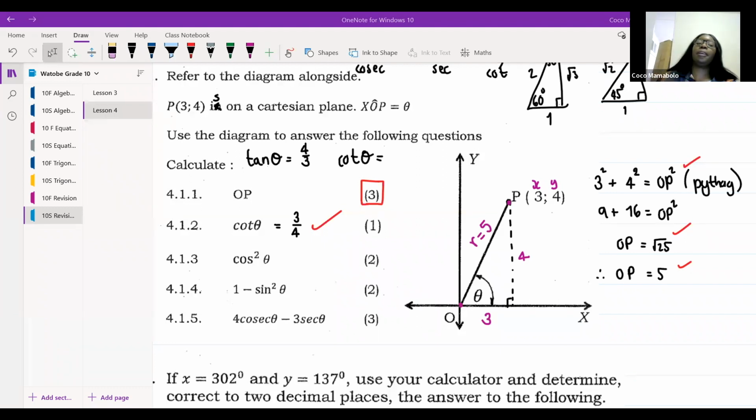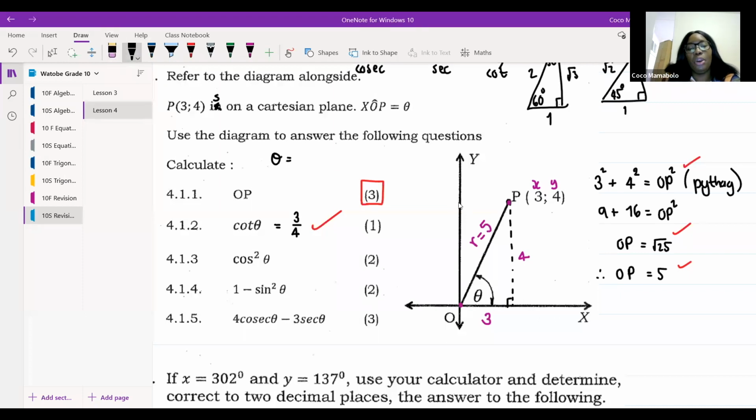Anybody got an answer for me? Okay, let's think about this. What is cos of theta? If it's a decimal, we've already missed the mark. Just look at the drawing as it is. If this is my theta, what is cos of theta going to be?